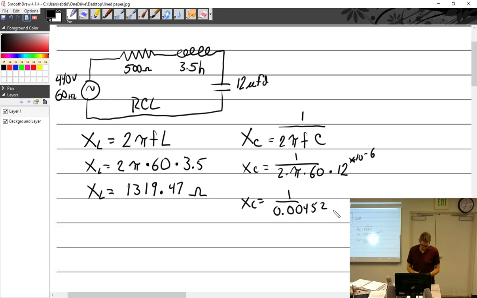I wish you could do 1 over answer. I'm not sure how to do that on here. There it is, I see it. So you just do x to the minus 1, second answer, equals. That did not work. What do you do?